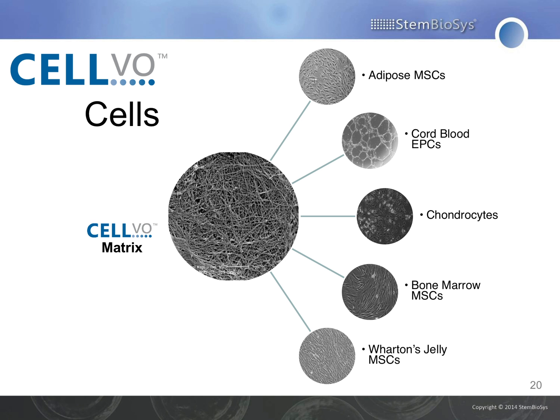So the gene expression profile, the proliferation rate, and the other things that we've shown you are going to be different on these cells that you get from StemBioSys and its distributors than mesenchymal stem cells that you'll see on the market from others that have been grown primarily on tissue culture treated plastic. All of these cells, with the exception of the adipose MSC, are now available.